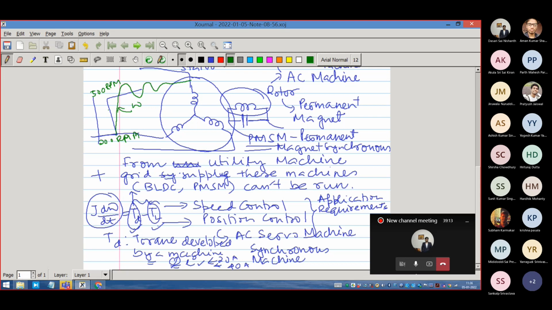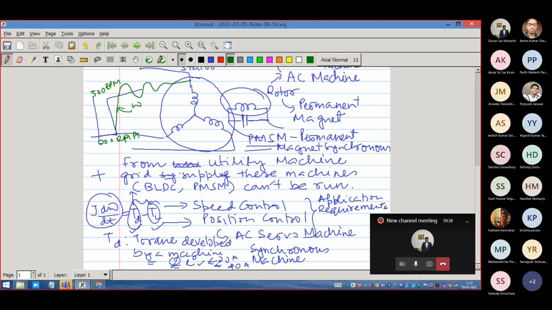It may be 10 Newton meter during acceleration, or 10 Newton meter during steady state. I don't know anything about the speed, so speed information has to be separately provided. When you know both speed and torque, then you know the power. Torque into speed is equal to the power consumed by the machine, and that must be given by the supply system, right?